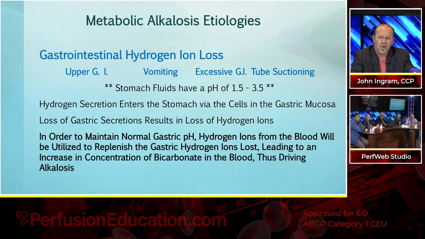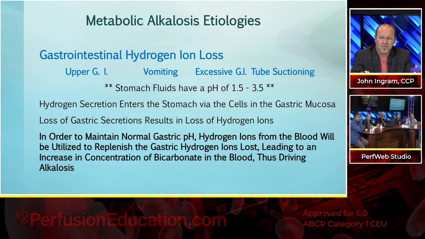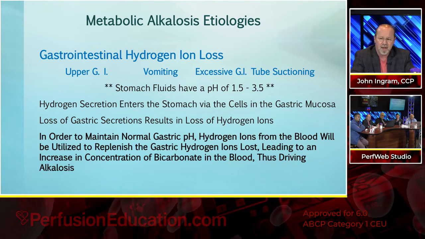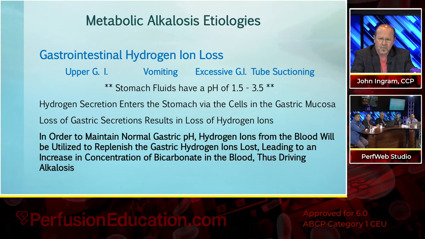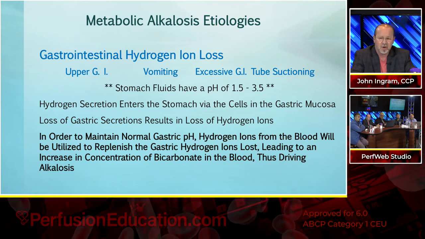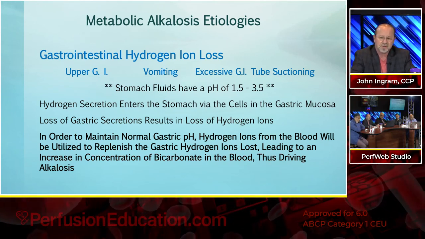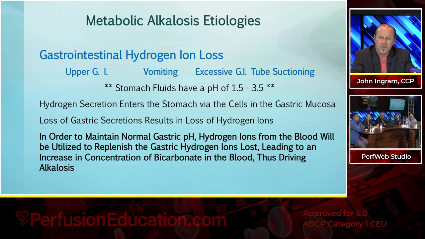In order to maintain the normal gastric pH, hydrogen ions will be replenished from the blood into the gastric mucosa, leading to an increase in the concentration of bicarbonate in the blood, right? Because you're losing hydrogen ion. Thus it is driving your alkalosis, okay?